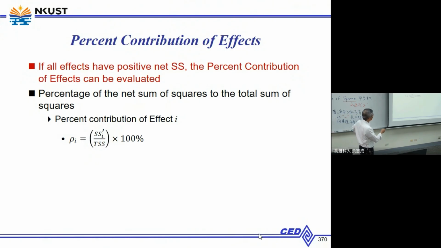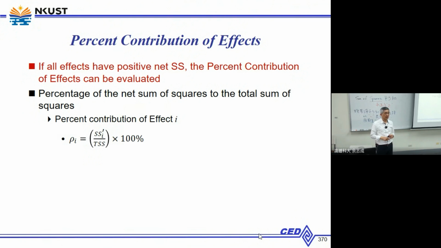But only, the red words here, only if all the effects have a positive net sum square, which means there's no negative sum square before you calculate the percentage.